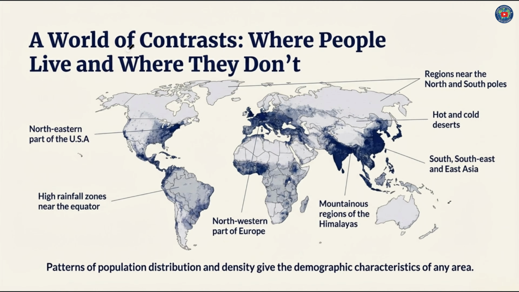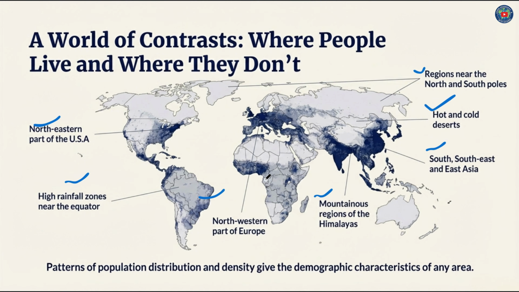A world of contrasts: where people live and where they don't. The northeastern part of the USA, high rainfall zones near the equator, northwestern part of Europe, mountain regions of the Himalayas, South and Southeast Asia, hot and cold deserts, and regions near the North and South Poles. Patterns of population distribution and density give the demographic characteristics of any area.